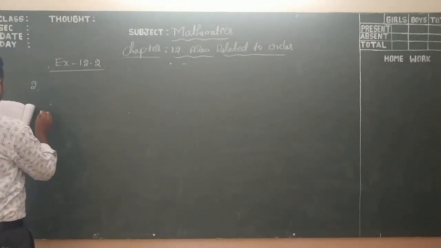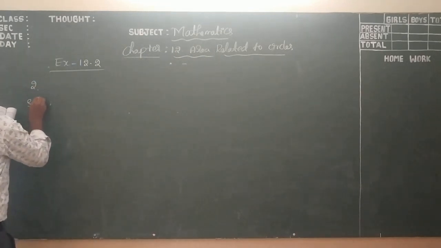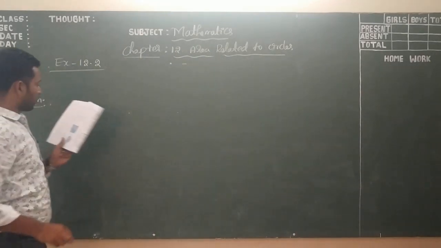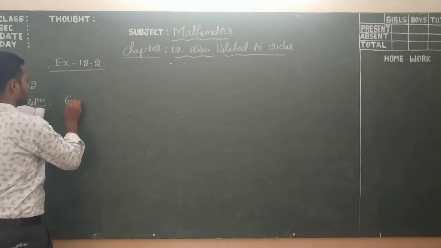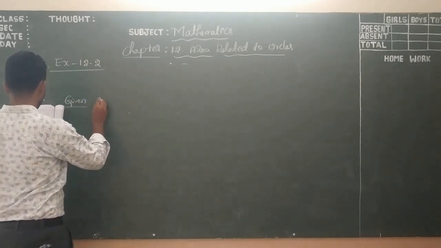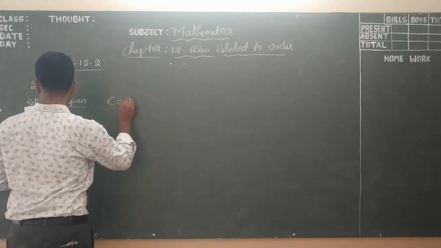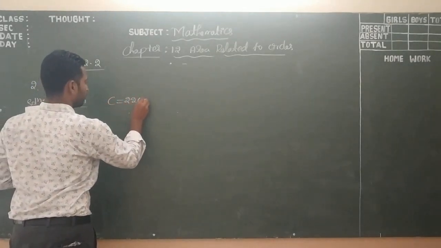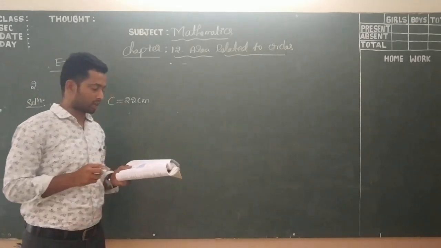Okay. So the second problem. See, given circumference C equals 22 centimeter. See, the area of the quadrant you have to calculate.